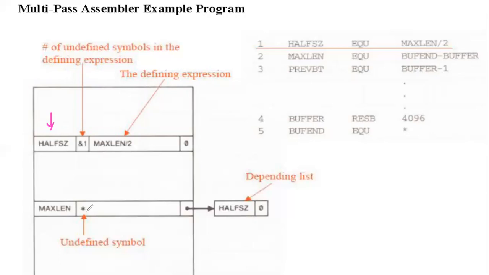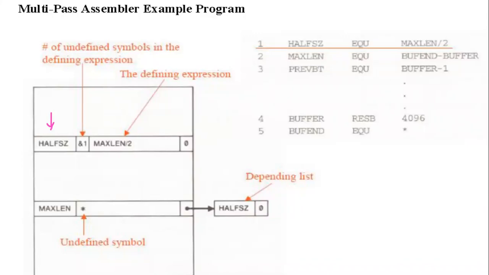This max length is specified where exactly? In half size. So in place of 0 we provide a reference, indicating that max length is used in half size. Apart from half size, if max length is used somewhere else also, that location should be mentioned too. This is how we provide the symbol table entries for undefined symbols.